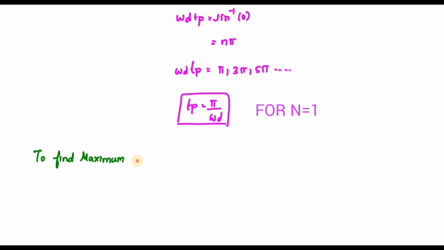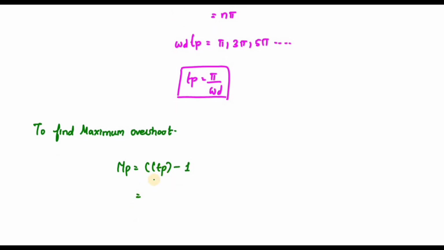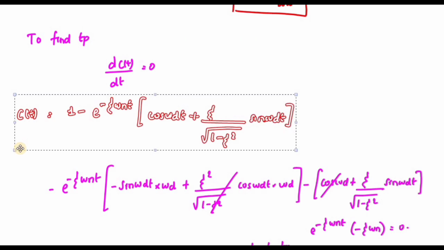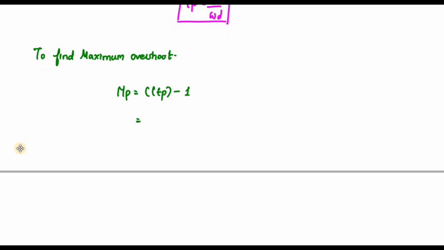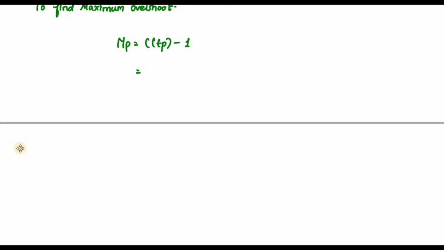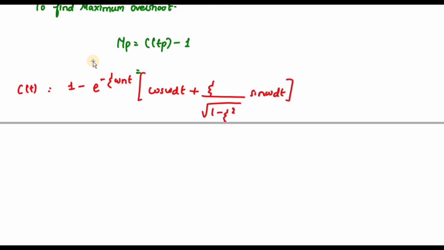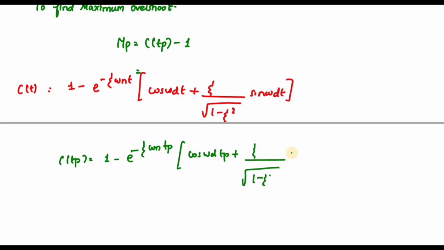Next one is to find the maximum output. So M p, that is equal to c of t p minus 1. So how to find the c of t p? Just copy and paste the value of c of t, and I'm going to substitute t is equal to t p. The t p value is pi divided by omega d.